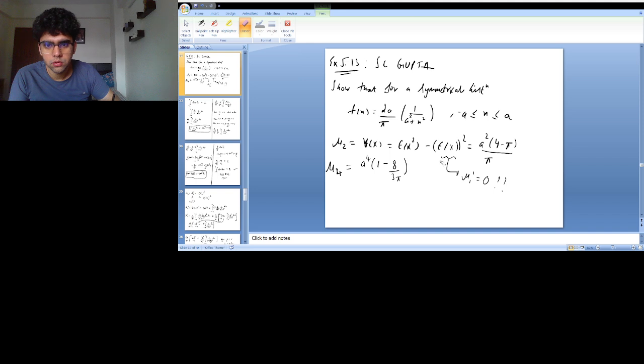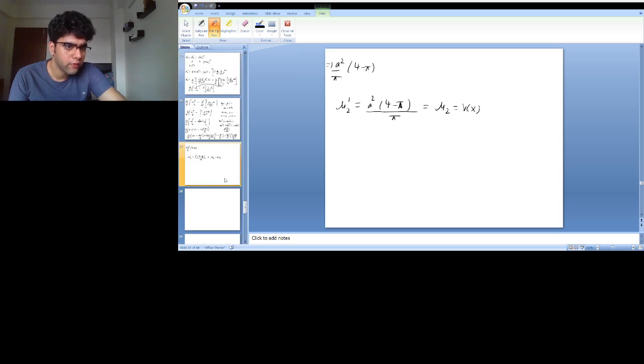Right? So just remember this value, a square into 4 minus pi upon pi. So when I just go down, I find this expression, and these two expressions are equal, right?